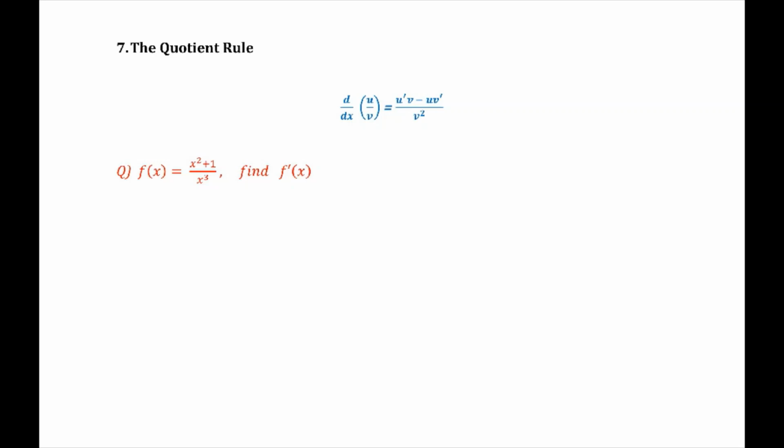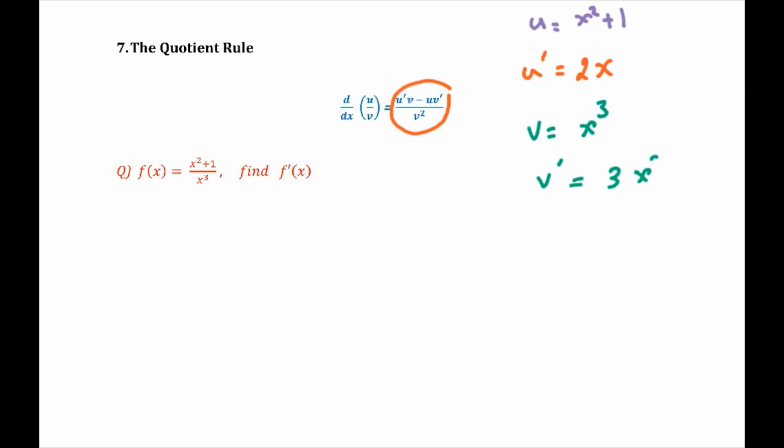Now, what about if I have two functions being divided? So what we are going to do, we will apply this rule. So let's say that the first function u is x squared plus 1, the numerator. So u' is 2x. Well, this is a constant, the derivative of the constant is 0. And then let's say v equals the denominator, and the derivative of v is 3x squared.